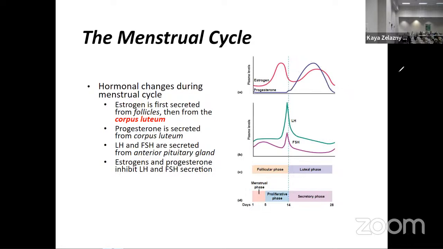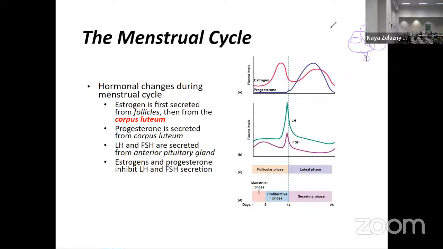Now, those are the hormones that are coming essentially from our ovary and the cells within our ovary, but we also have signals coming from out in your body, specifically from our anterior pituitary gland. So remember our anterior pituitary gland: we have our brain, our hypothalamus, going down into our pituitary gland, not to scale, obviously.